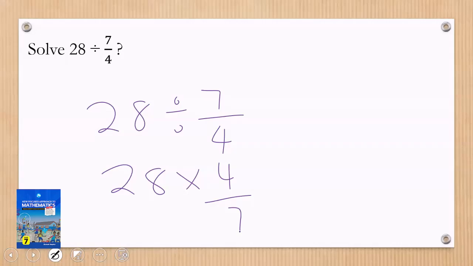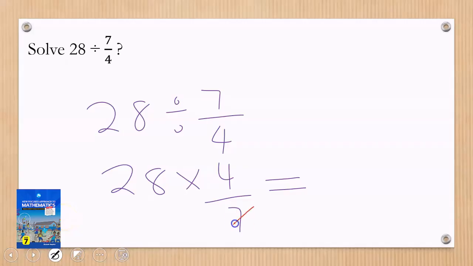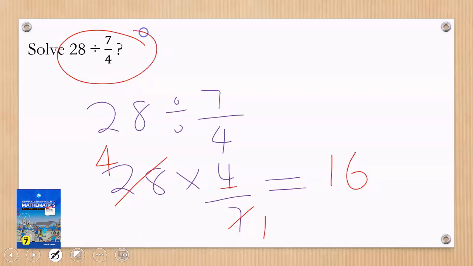Then we can simplify this. We know 7 can divide itself 1. 7 can divide 28 as 4. Then again, we multiply 4 times 4 here, which will give us 16. So this question, that is 28 divided by 7/4, will give us 16.